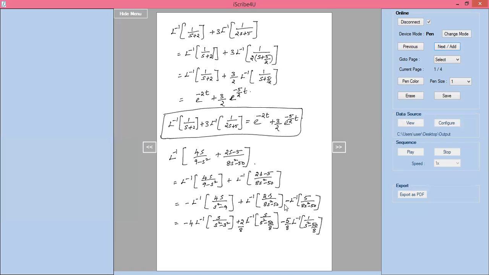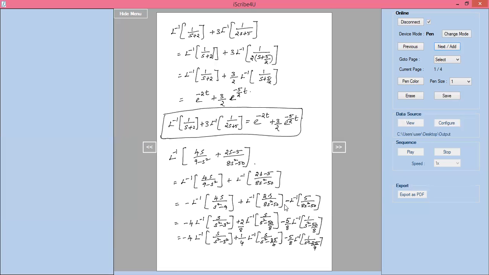Now we write minus 4 into L inverse of s by s square minus 3 square, plus 2 by 8, which is 1 by 4, into L inverse of s by s square minus, 50 divided by 8 is 25 by 4, minus 5 by 8 into L inverse of 1 divided by s square minus 25 by 4.